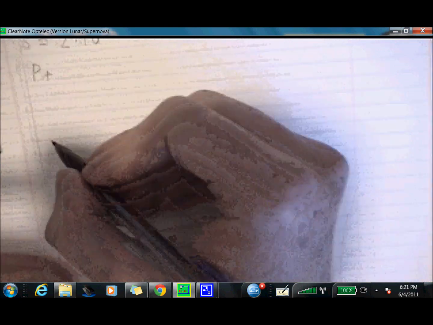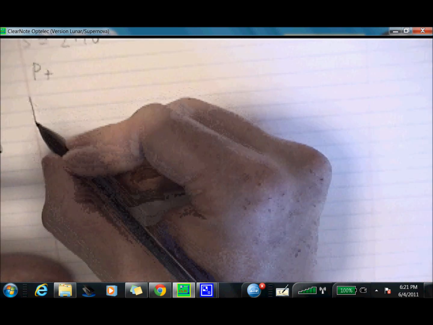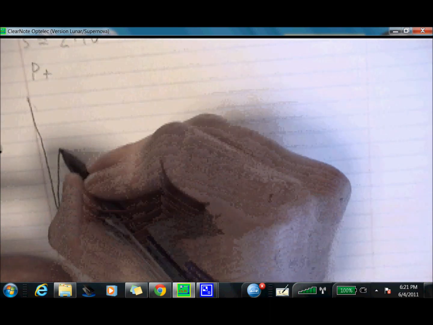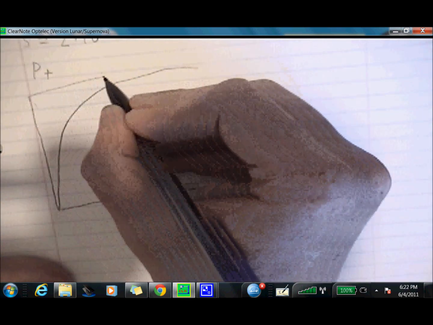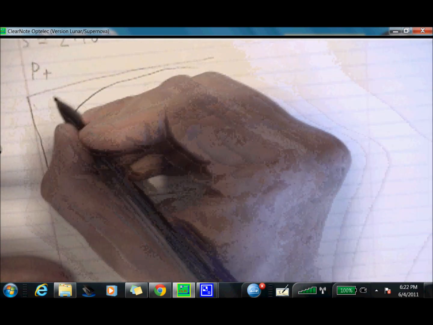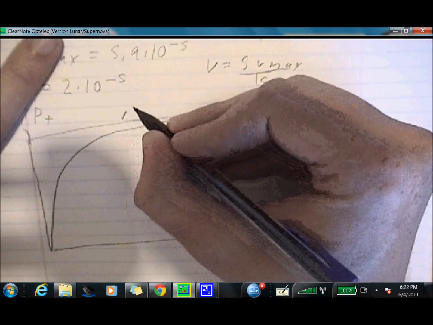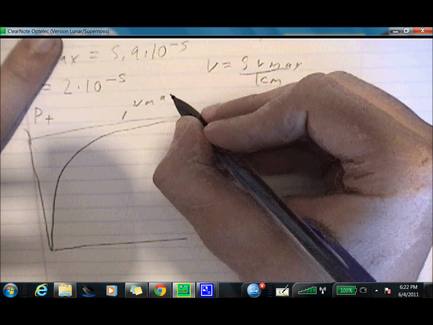To recap what I said in part 2 of number 6, the straight line up here represents V max.